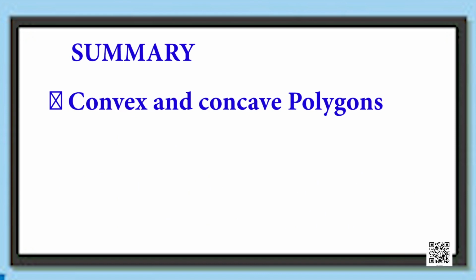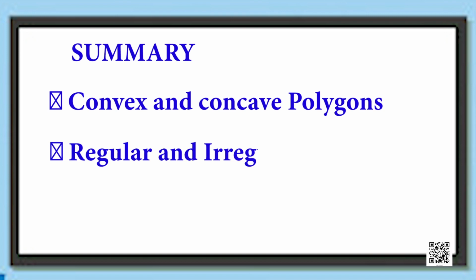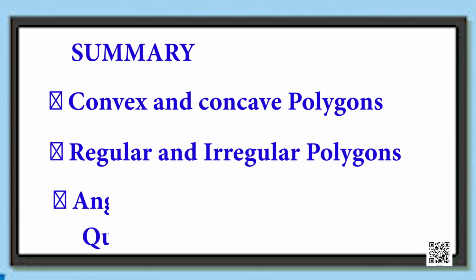We could classify polygons based on their diagonals. They were called the convex polygons and the concave polygons. We also could classify the polygons based on their sides and angles. They were called the regular polygons and the irregular polygons.